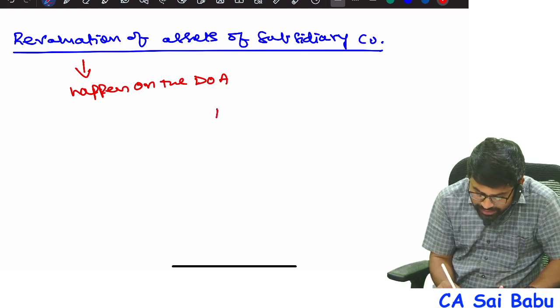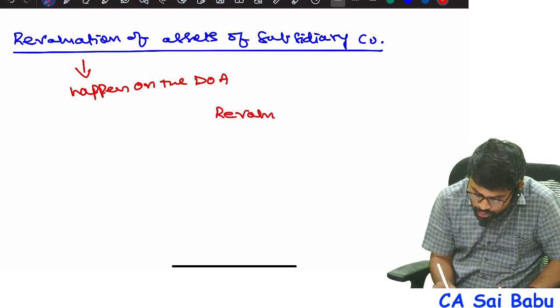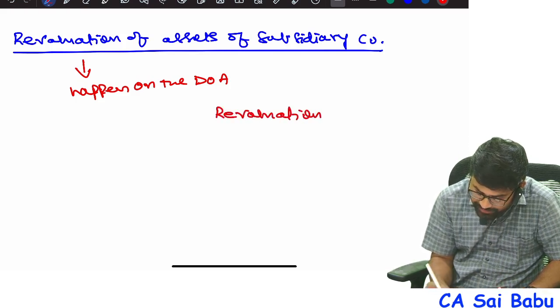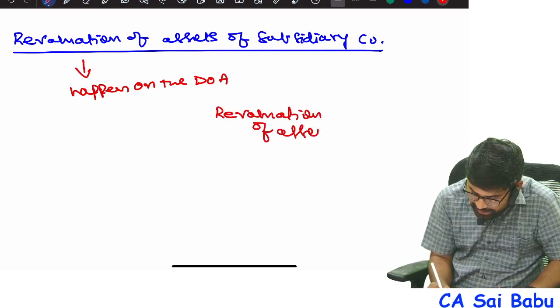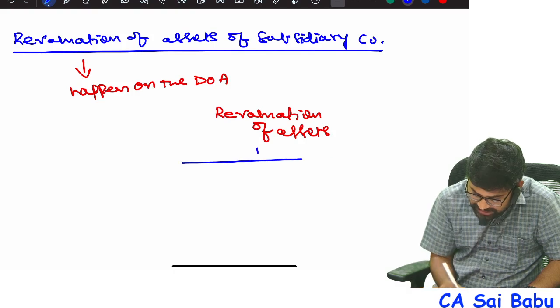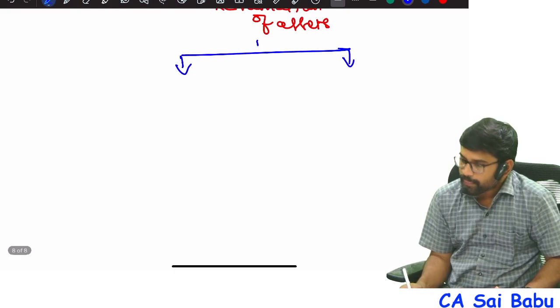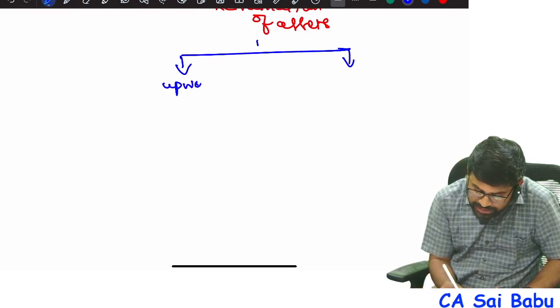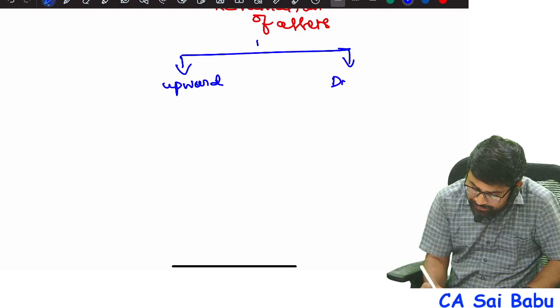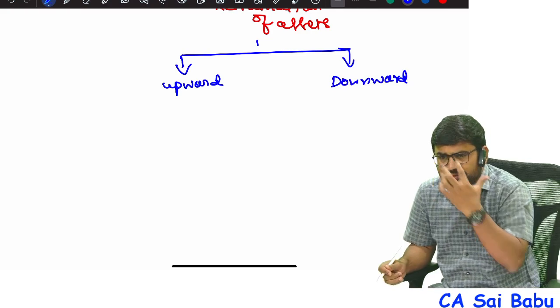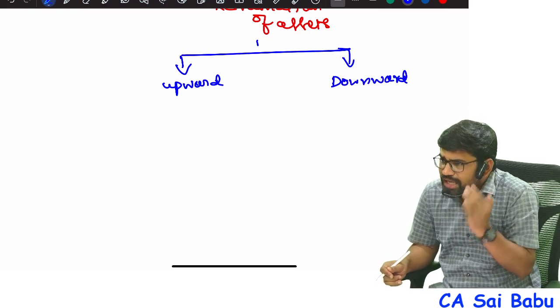Now as far as the revaluation of assets is concerned, there are 2 possibilities. Can you tell me what are the 2 possibilities? Either upward revaluation or downward revaluation. Upward means increase the asset value.